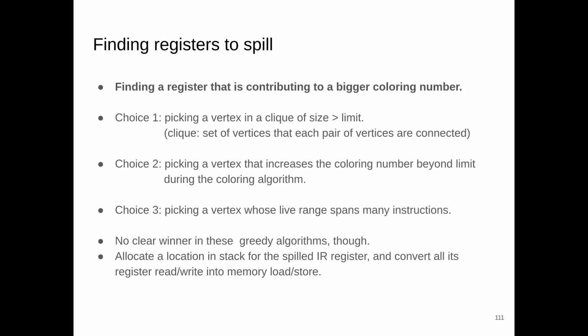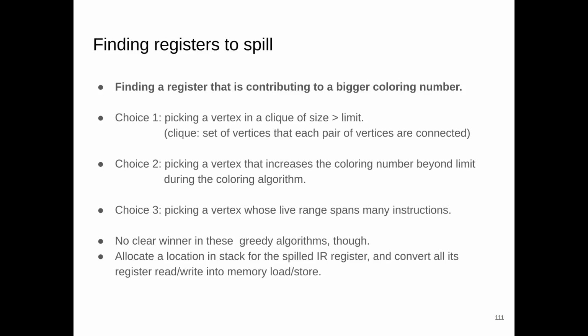As a result, you need to somehow give up mapping an IR register into an architecture register. So one of the registers should be picked, and it should go to the stack instead of an architecture register. That is the high-level goal of this spill procedure, and there may be multiple possible algorithms for this. So there can be multiple choices.